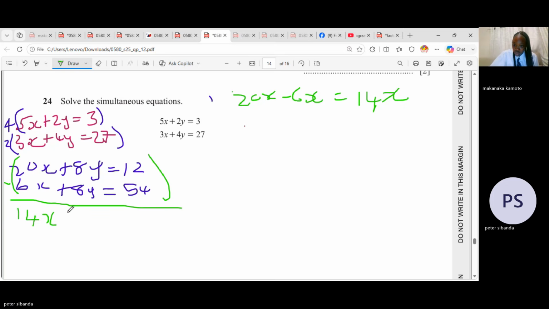And then there's 12, or this becomes 0. Okay, so equal to 12 minus 54, which equals negative 42.